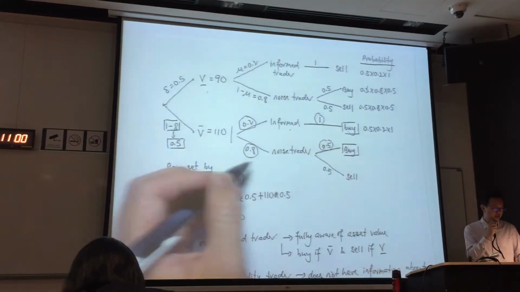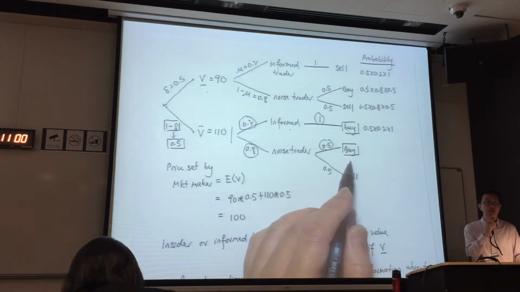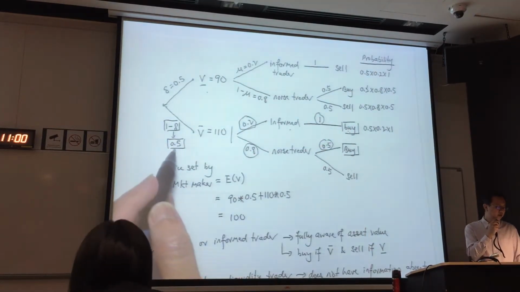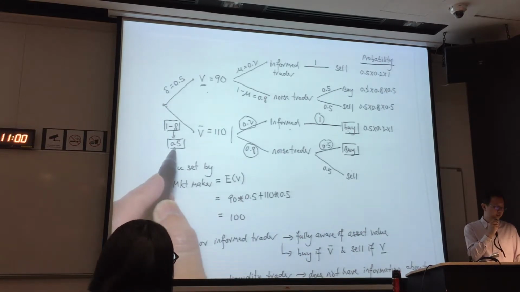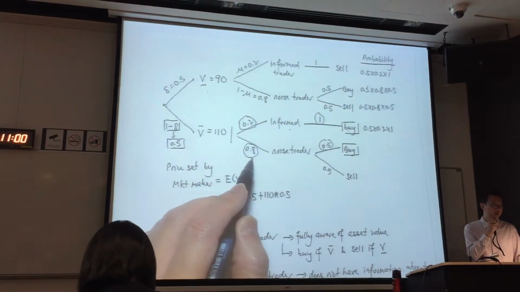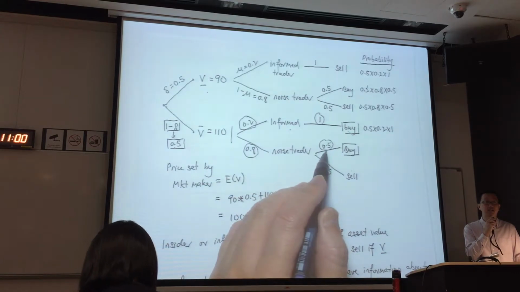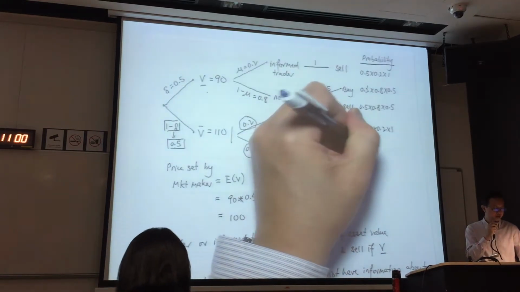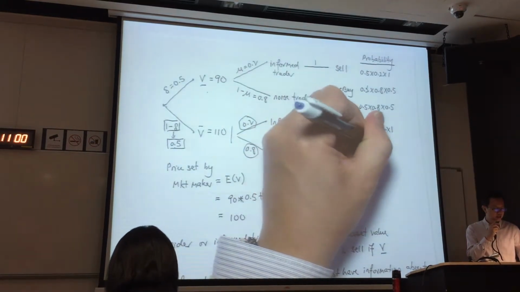So next we work out the probability of noise trader buying. Again, probability that the value is 110, times probability of noise trader executing, times probability of buying. So this is 0.5, times 0.8, times 0.5.